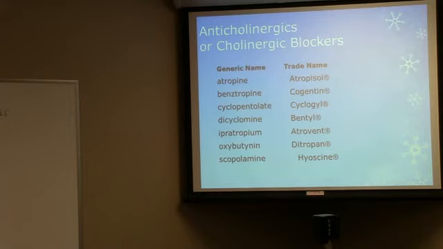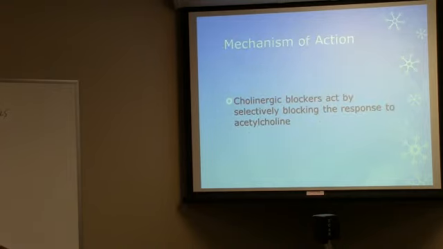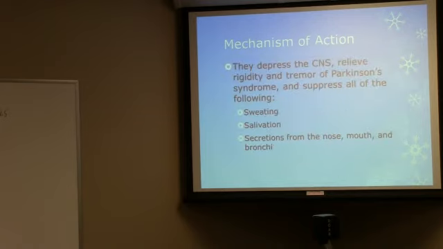So again, just want to point out that we're still affecting the nervous system. Cholinergic blockers act by blocking the response to acetylcholine. And for the mechanism of action, they depress the central nervous system.